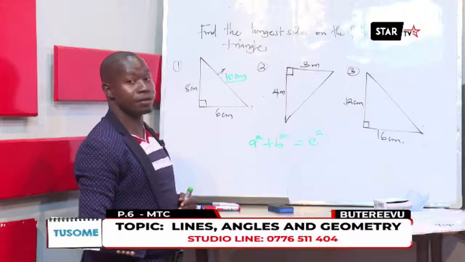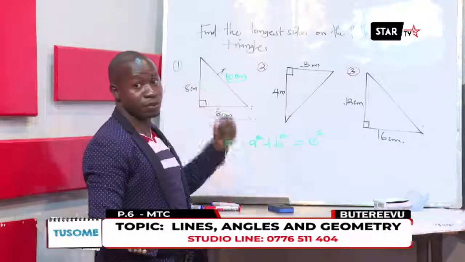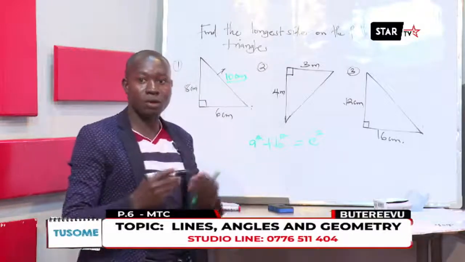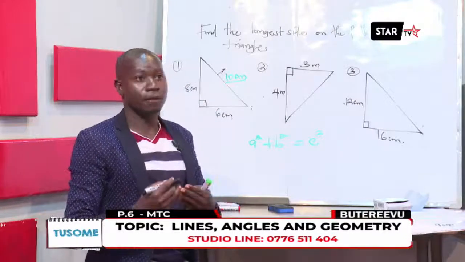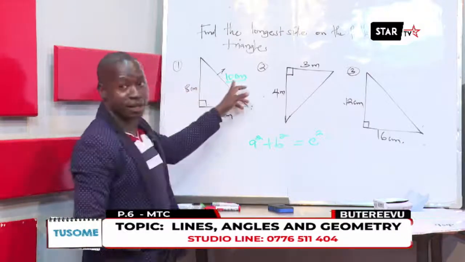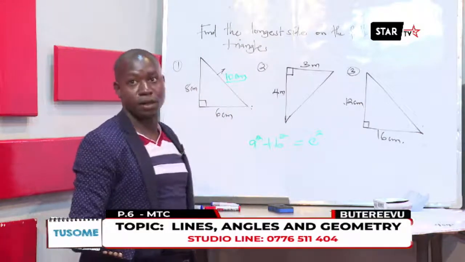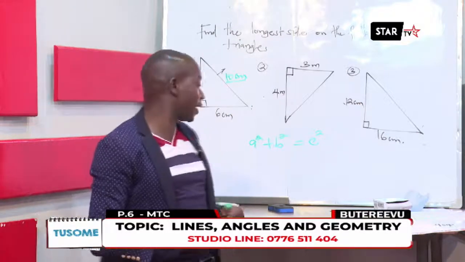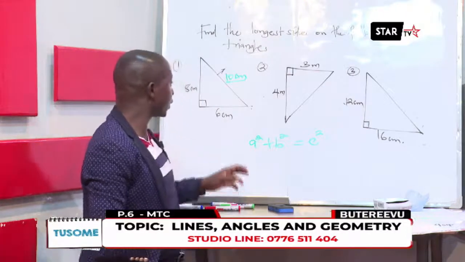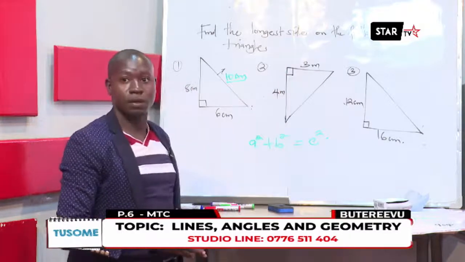She has come up with 100. And to get the square root of 100, she came up with 10 centimeters, which is very correct. Now, what we call Pythagoras triples are 6, 8, and 10. Those are the Pythagoras triples. And remember, we have said that Pythagoras theorem works on Pythagoras triples.